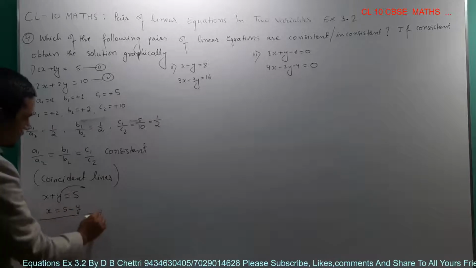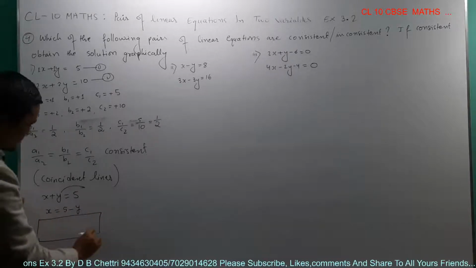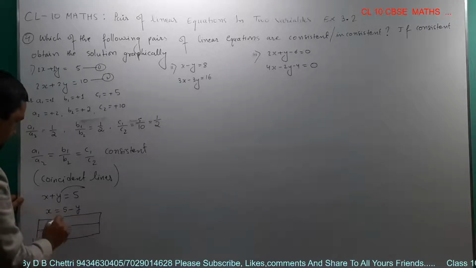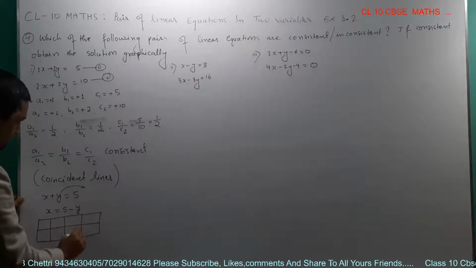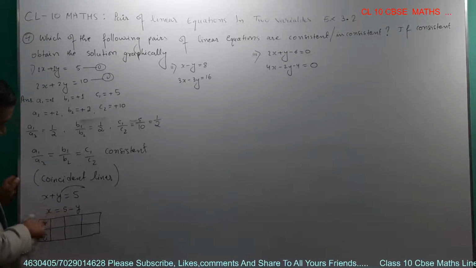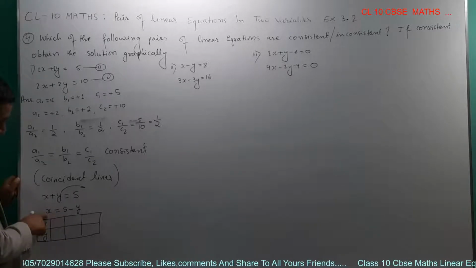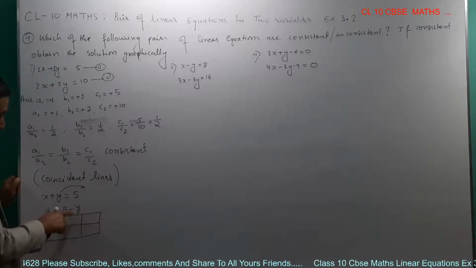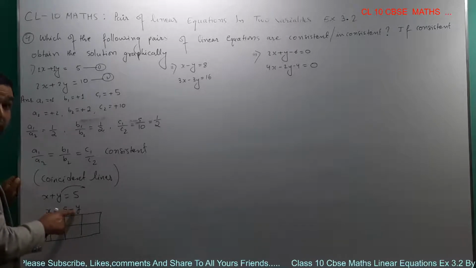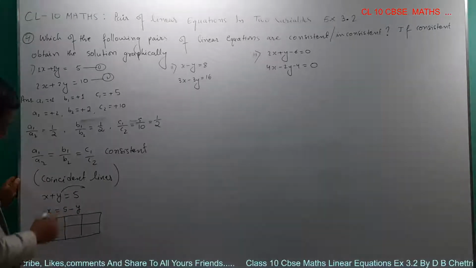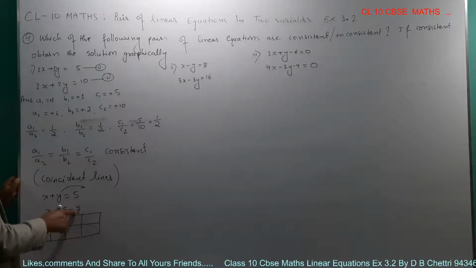Now make the table, x and y. The value of x is in terms of y, that means replace y by our own value, then calculate the value for x. You can use any number.